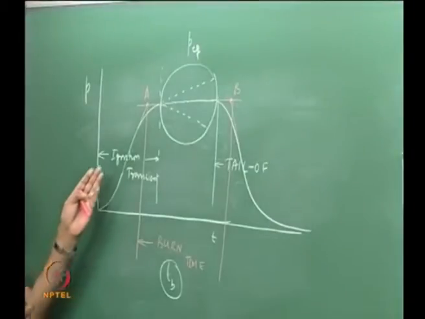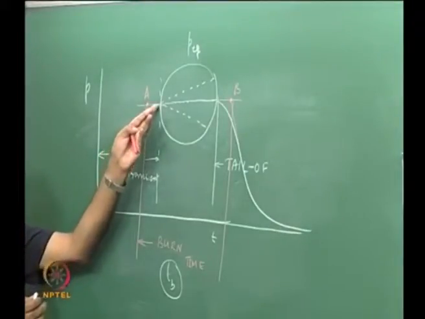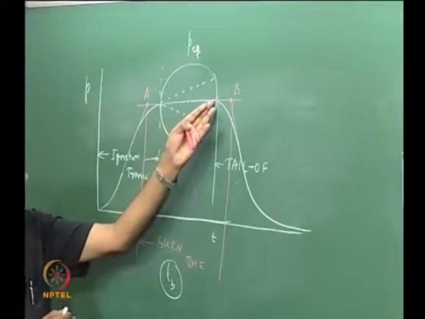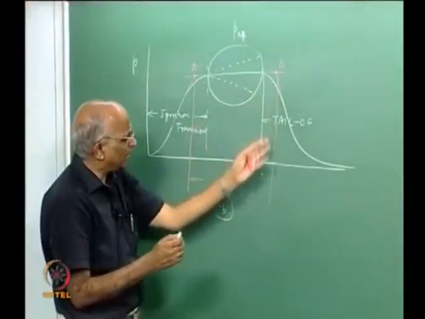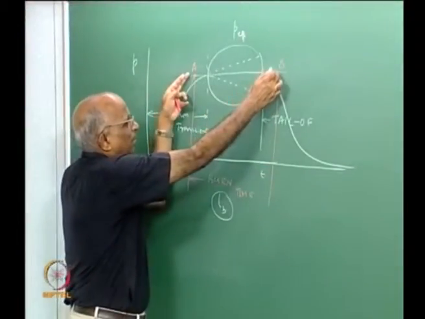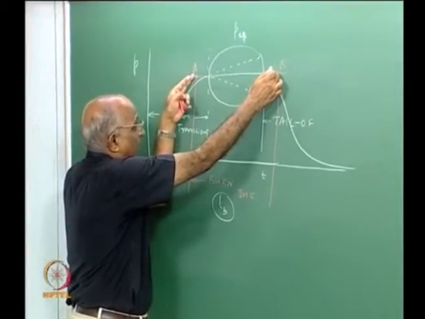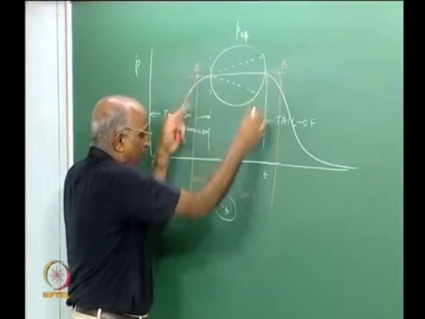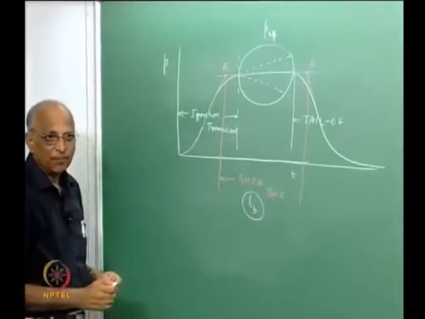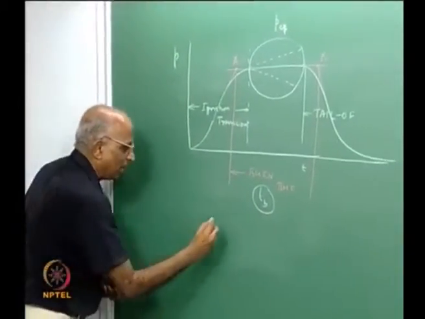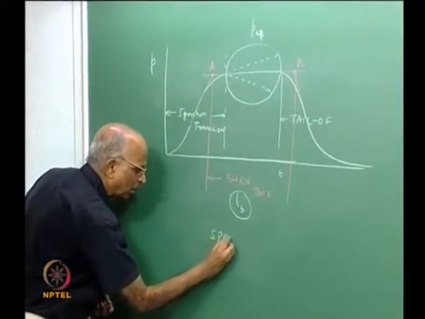See what is happening? Even though some little bit of propellant is still burning here, the time period between A and B is what we call the burn time. And this is how we characterize a solid propellant rocket motor.